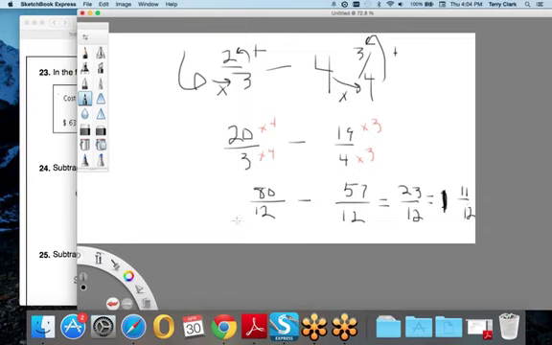We could do it one or two ways. The quickest way is just take the 12 out of the 23 like this. That gives us 1, 12 like that, and there's your remainder, and there's your whole number.